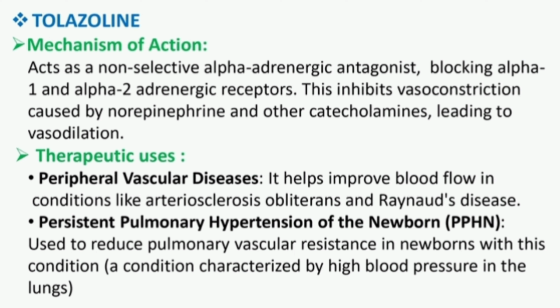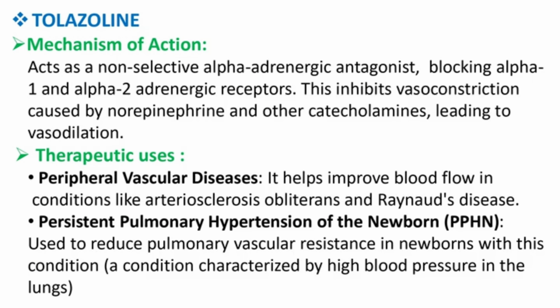The next one is persistent pulmonary hypertension of the newborn. That means it's used to reduce pulmonary vascular resistance in newborns with this condition. This condition is characterized by high blood pressure in the lungs of the newborn. So in this case, one of the important drugs is tolazoline.